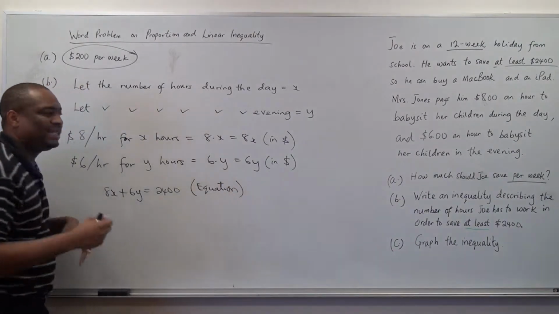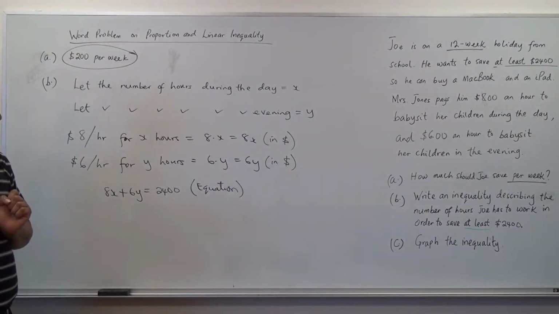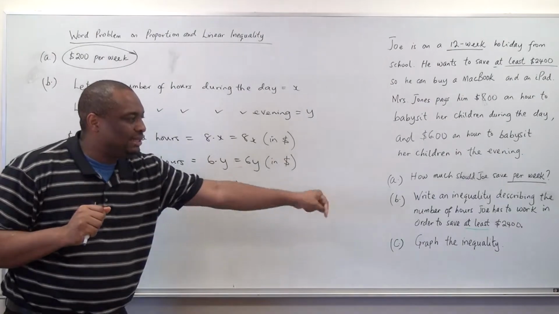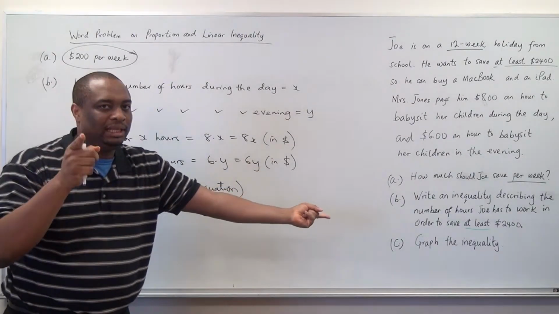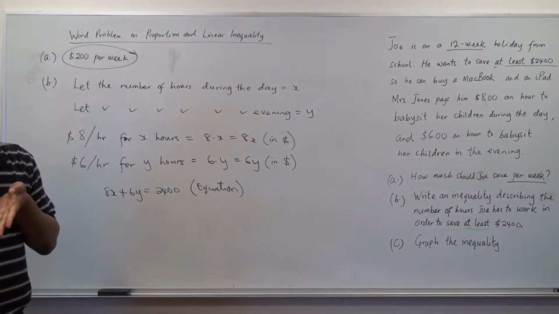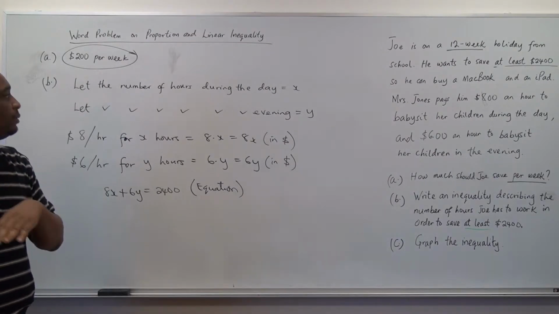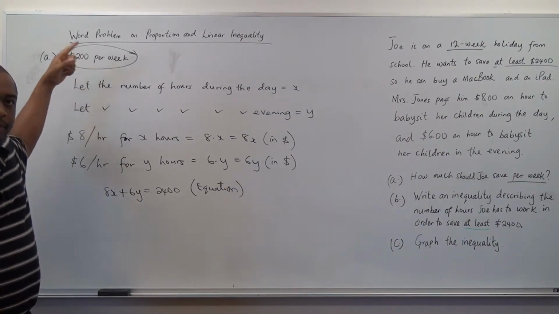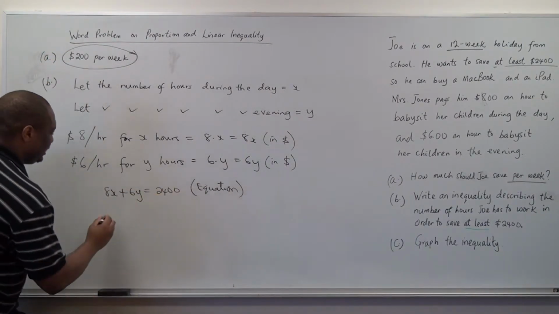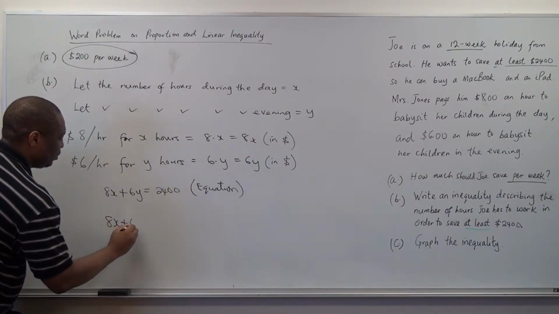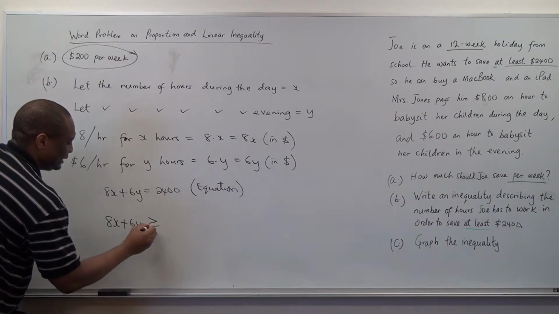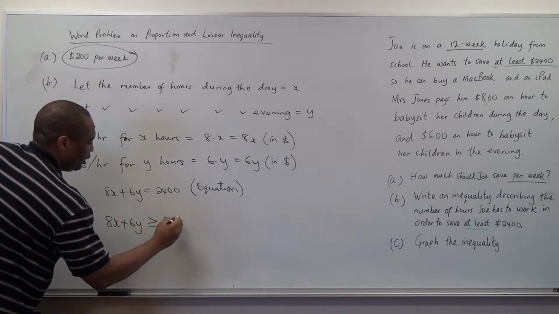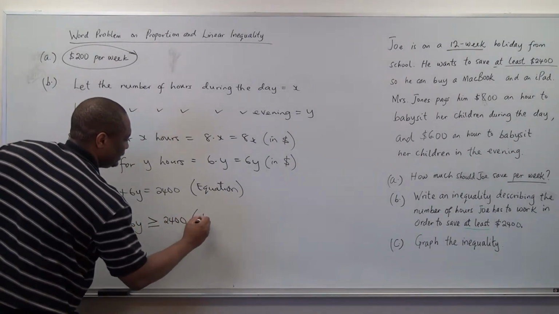This is not an inequality. If he has to make at least $2,400, remember what we said, at least means greater than or equal to. We said it in the previous video. So for that, it will now be 8x plus 6y should be at least $2,400.